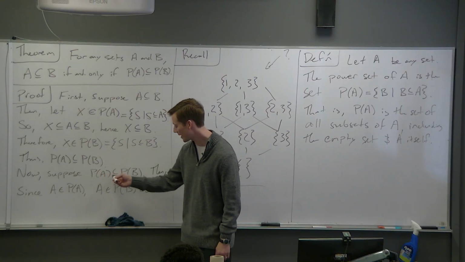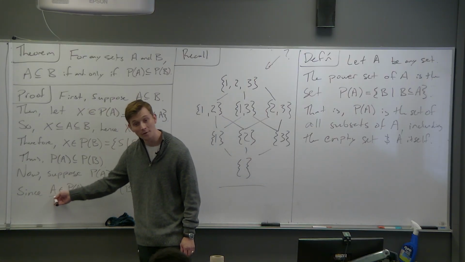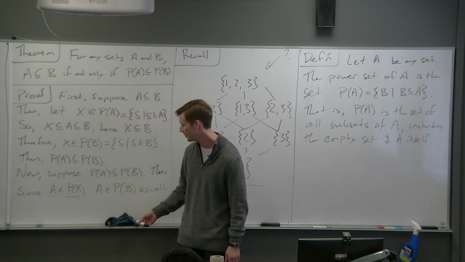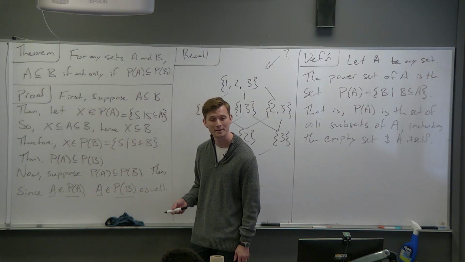So if the power set of A is contained in the power set of B, then the fact that A is always a subset of itself tells us that A is in the power set of A, and that means that A is in the power set of B.